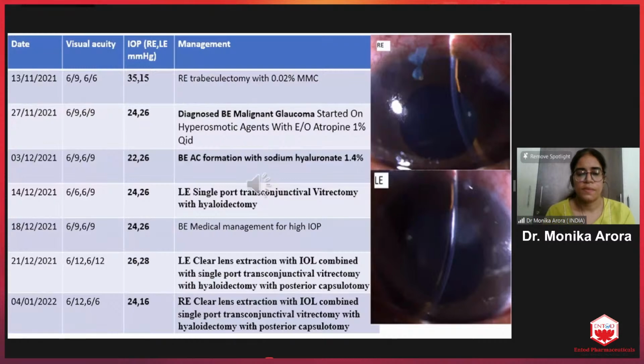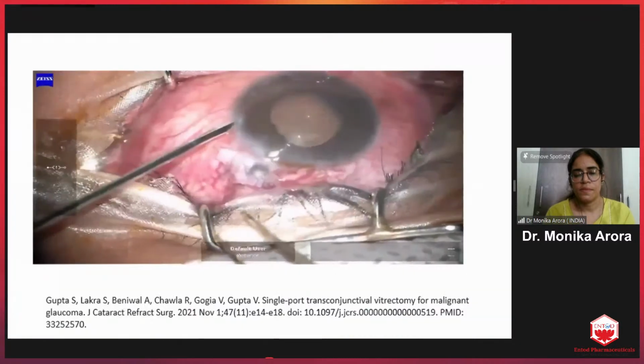Therefore, initially the left eye was planned for clear lens extraction with IOL combined with single port transconjunctival vitrectomy with hyaloidectomy with central posterior capsulotomy, and the patient responded well to this intervention. Subsequently, the right eye was also planned for the same procedure.